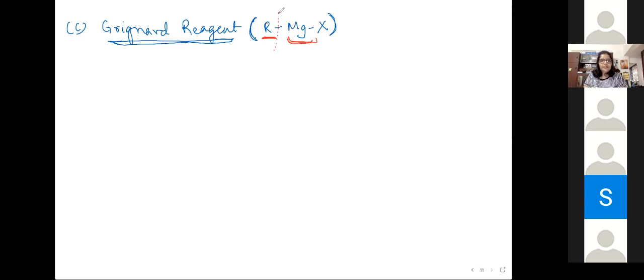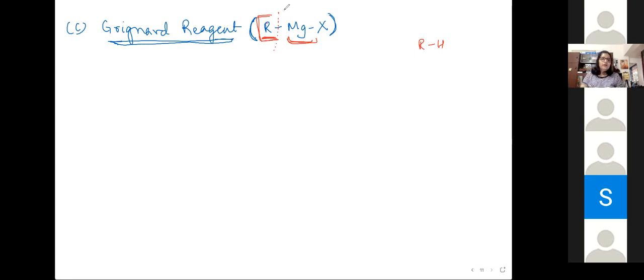So because you can break this easily, you use Grignard reagent wherever you need to add an R. Like here, preparing alkanes, it's all just R and then hydrogen, right? It's just hydrogen and carbon. If you want to increase the chain length in an alcohol or something like that, wherever you need to add the R part of it, you use Grignard reagent.